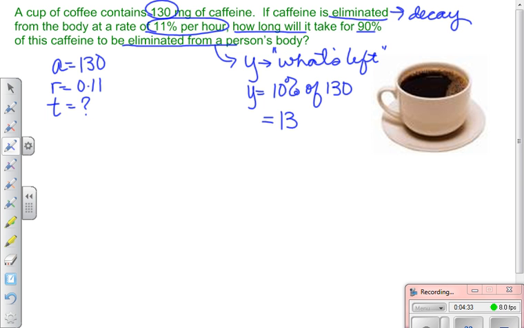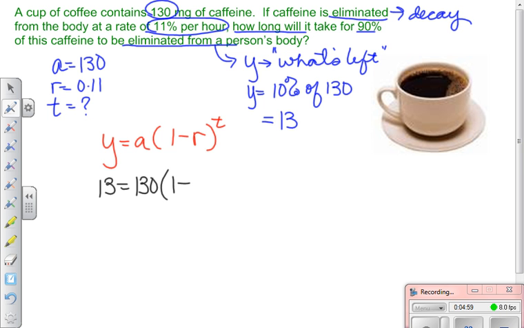So we're going to use y equals a times (1 minus r) to the t. This isn't a carbon dating, scientific decay or growth kind of model. This is pretty straightforward, so we're going to substitute. If y is 13, I put 13 equals a is 130, times (1 minus 0.11) to the t, and t is what we are solving for.